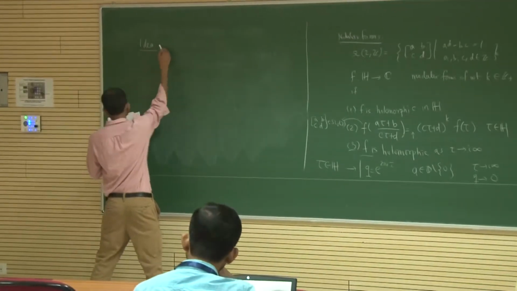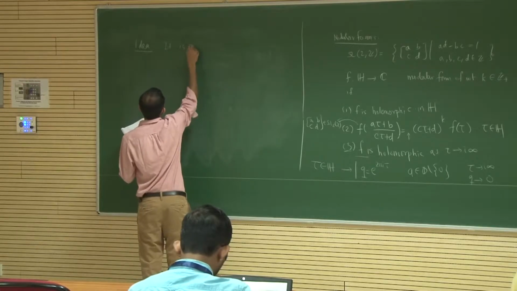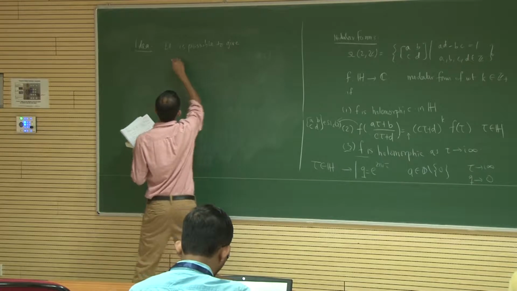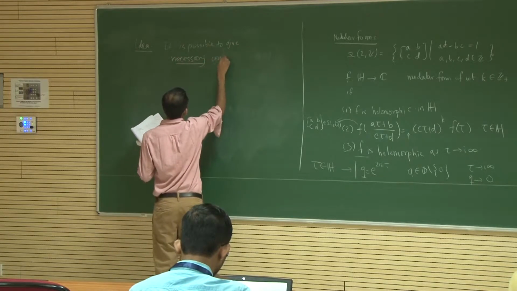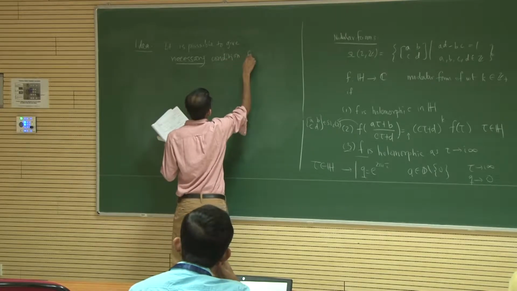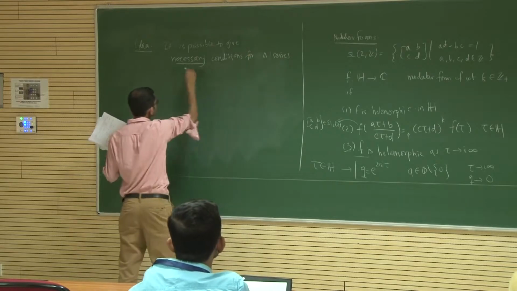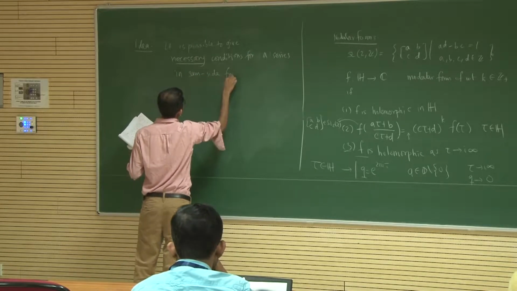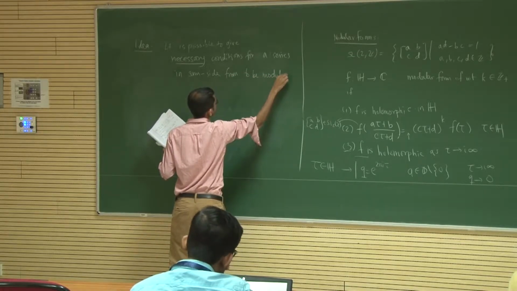Okay. So, the idea is that it is possible to give necessary conditions for a series in this sum side form to be modular, but it is hard to get sufficient conditions.